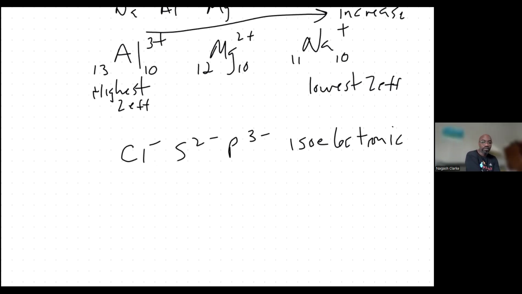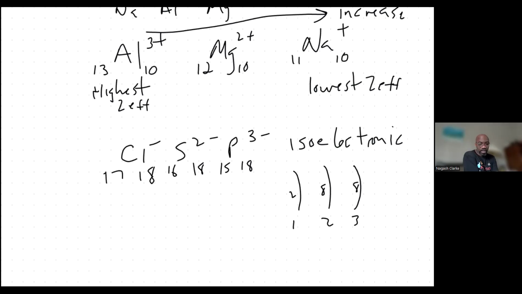Two in the first level, eight in the second level, and eight in the third level, so n equals 1, 2, 3, because this third level is now filled. Chlorine has 17 protons and 18 electrons, sulfur 16 and 18, and phosphorus 15 and 18.